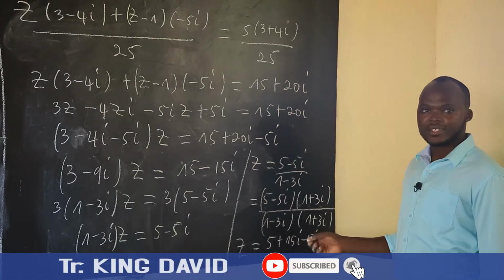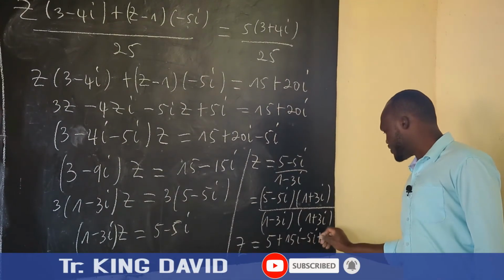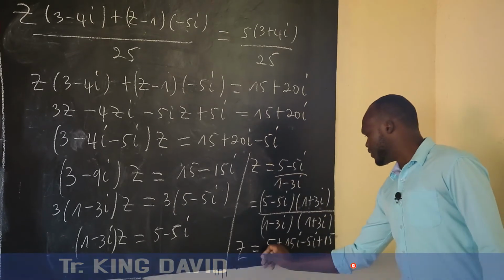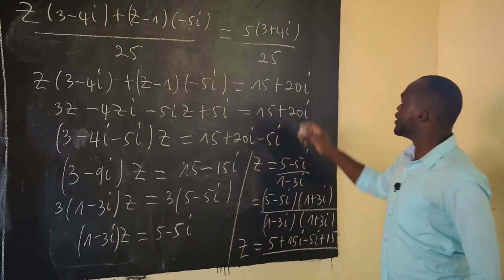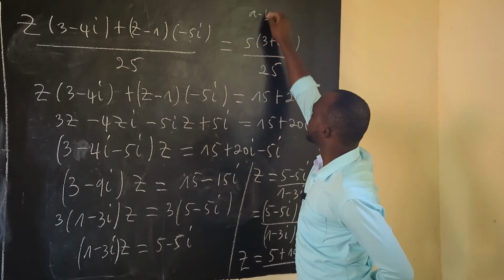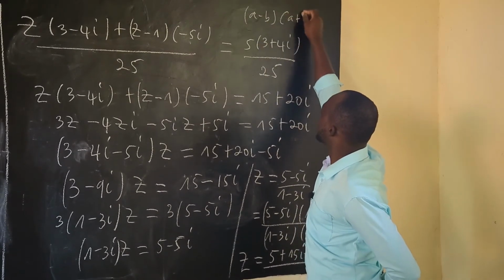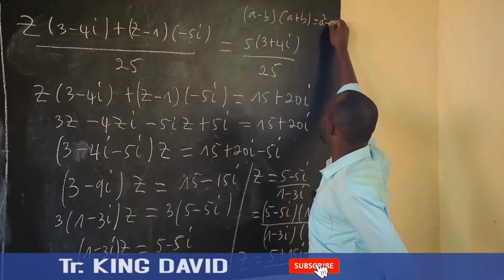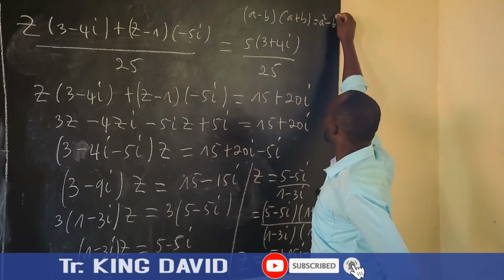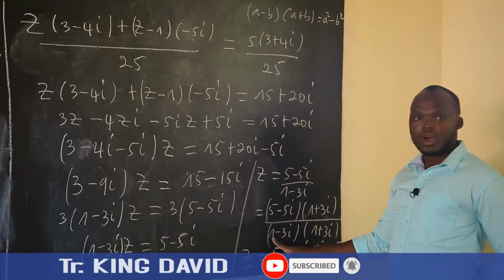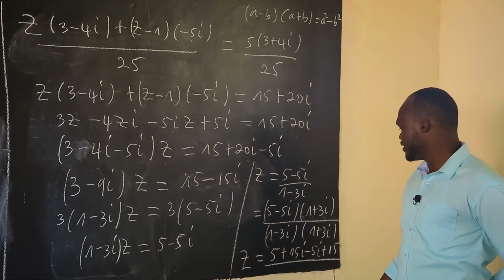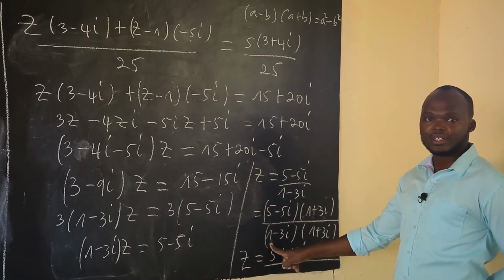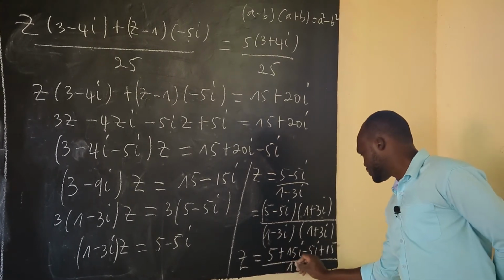And remember, i squared is negative 1. It will be positive 15. Divided by, this is 1. You know when you have (a minus b)(a plus b), the answer is a squared minus b squared. So this is 1 squared minus 3 squared, which will be, the answer will be 10.